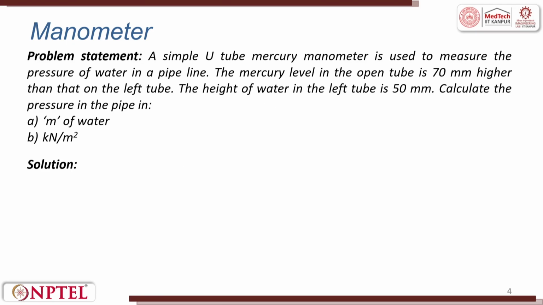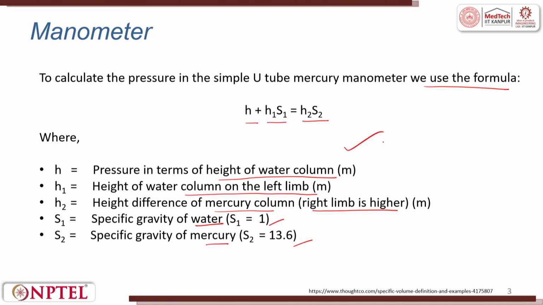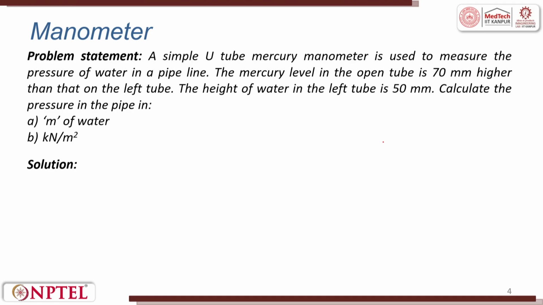Now, I will draw a simple illustration to show you how all these parameters that we have mentioned here are there in an apparatus setup and how do we measure the pressure difference. The problem statement says a simple U-tube mercury manometer is used to measure the pressure of water in a pipeline. The mercury level in the open tube is 70 millimeter higher than that on the left tube.